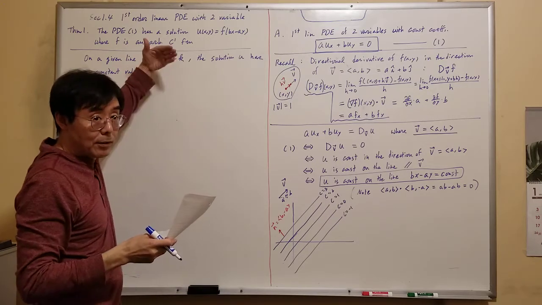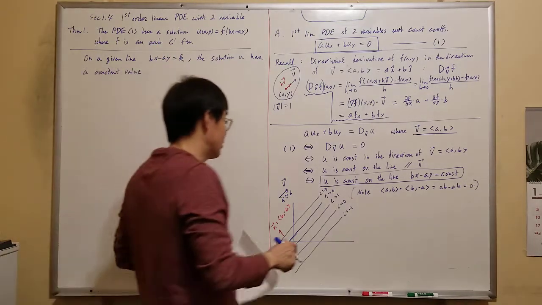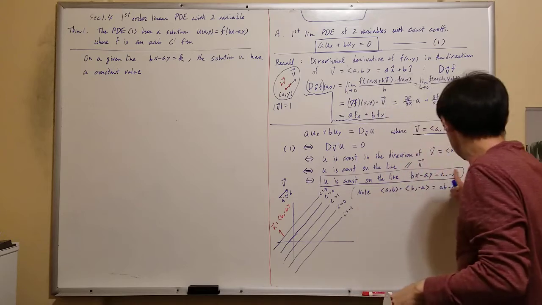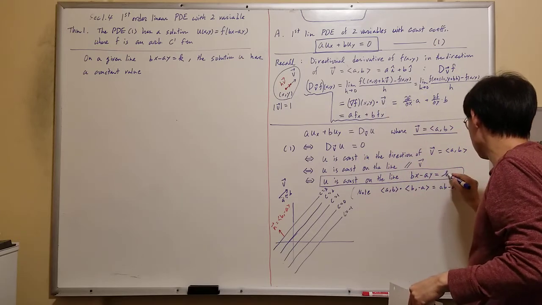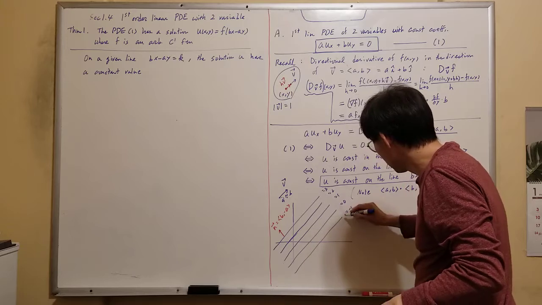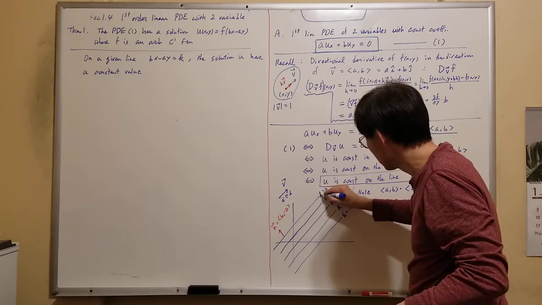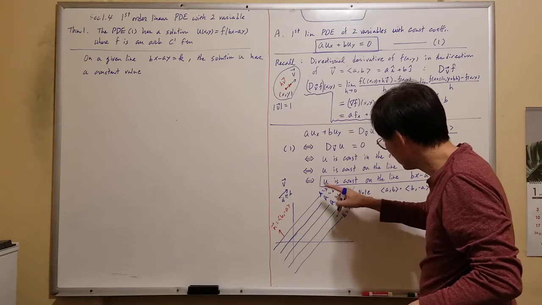Obviously, a different line has a different value. So different k values will give you different lines. Let's say k equals 1, 0, 1, 2, 3.